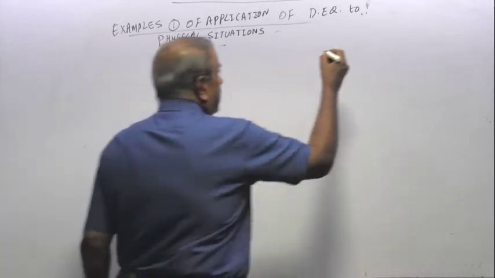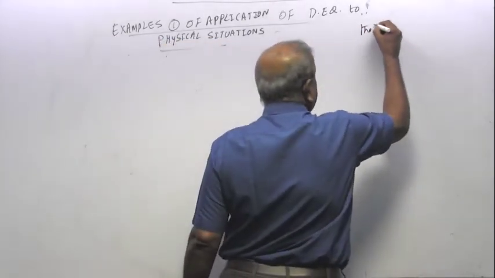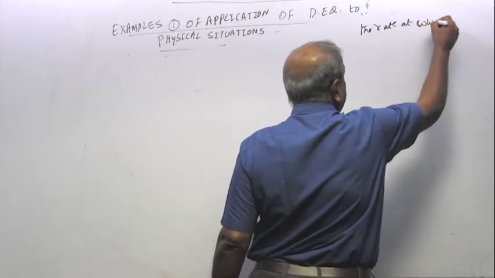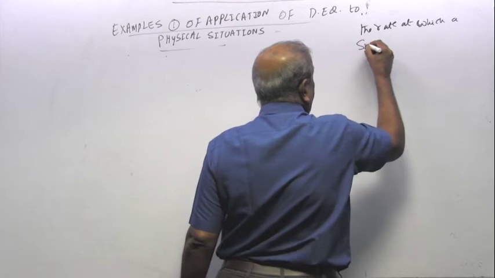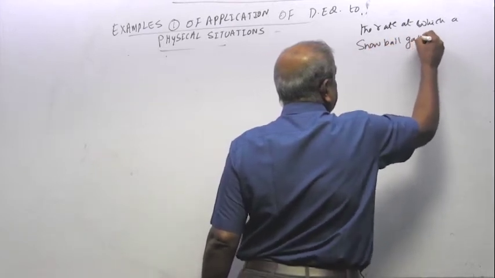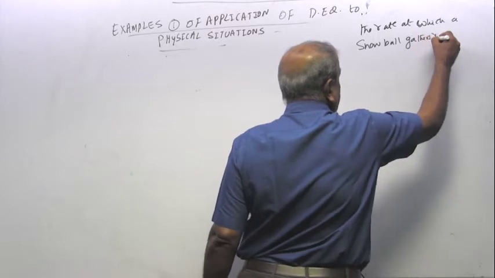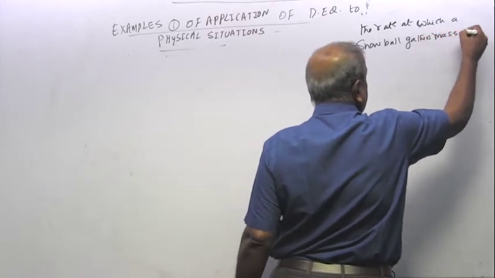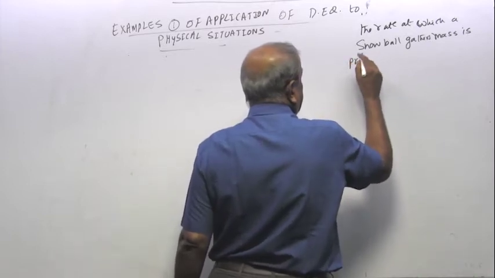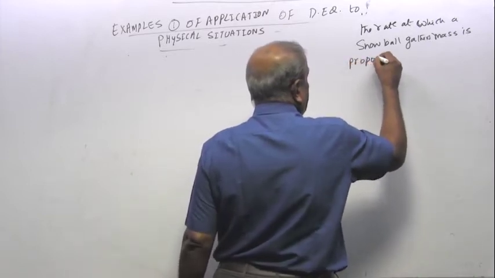Look, the rate at which a snowball gathers mass is proportional to two factors.